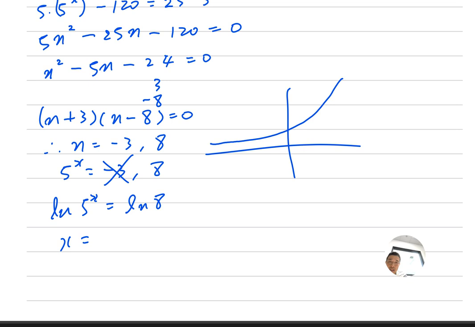So that means x equals ln 8 over ln 5, which I calculated before. So that's 1.29 to 2 dp is the answer. All right. I'll see you later. Bye.